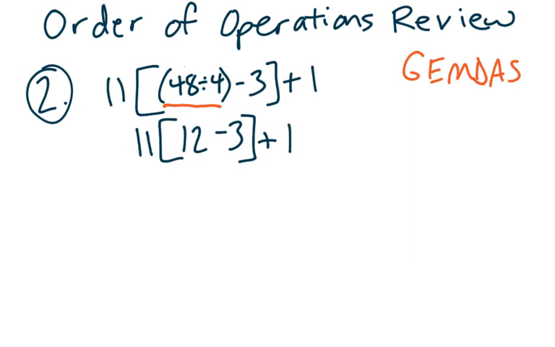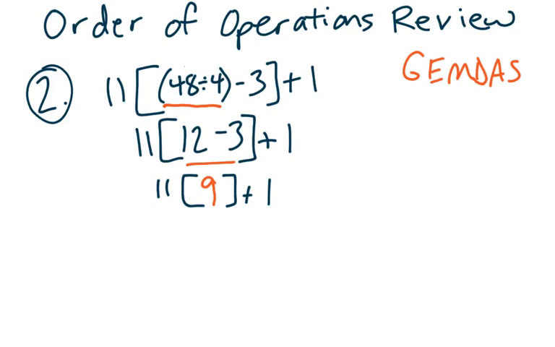So our next step, according to GEMDOS, we still have grouping symbols. We have those brackets there. And 12 minus 3, boys and girls, that is 9. So the next part, boys and girls, if we go ahead, put our brackets there, we notice now we have an 11 next door to the brackets.